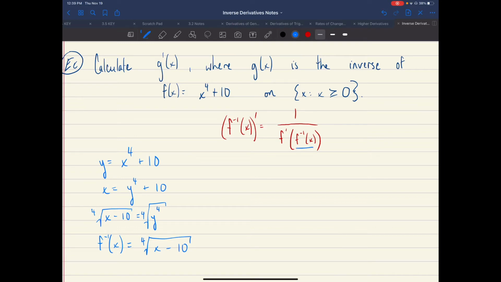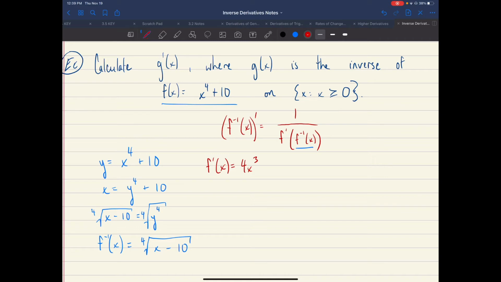Then all we have to do is plug the inverse into the derivative of our original function. f prime of x is 4x to the third. So what we're going to do is plug our inverse into our derivative.